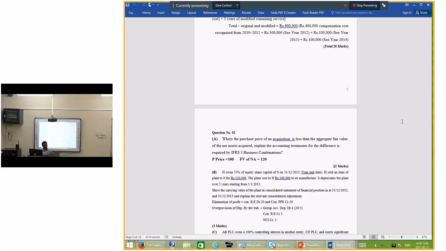Very simple, you don't want to spend more than 10 seconds on this. Second point, the double entry: profit on bargain purchase is recorded as cost of control debit, consolidated retained earnings credit. Look, 2 marks, only 2 things you need to write. Right, look at the second part, Part B of the same.